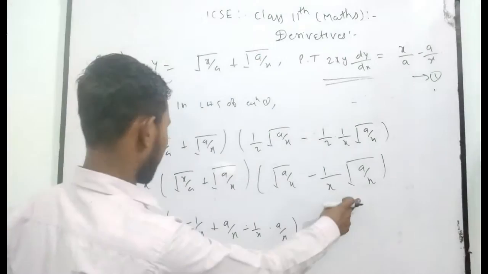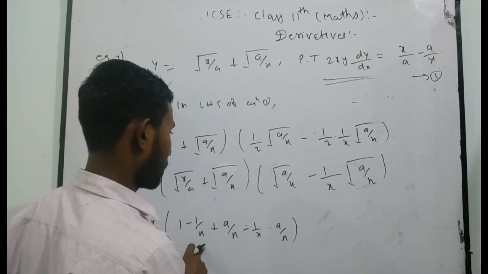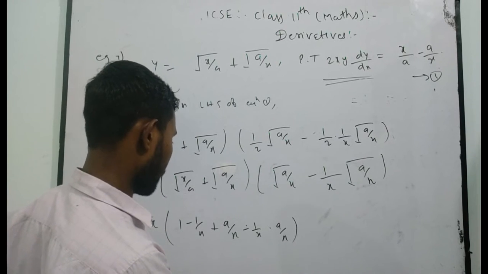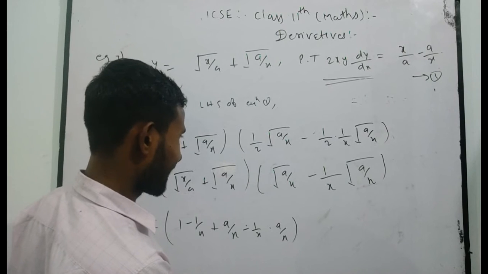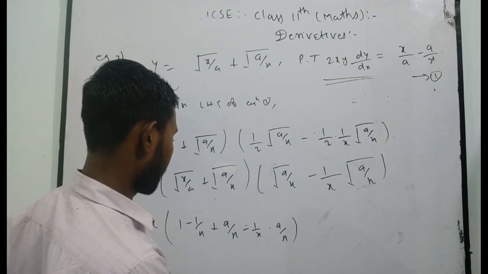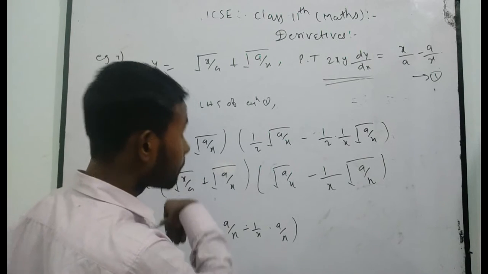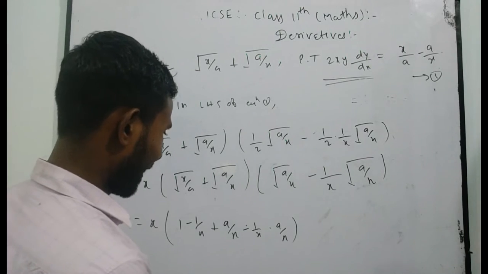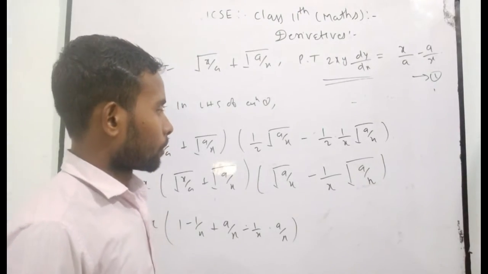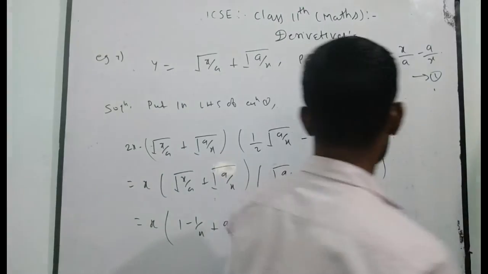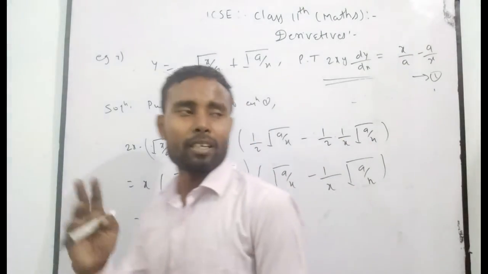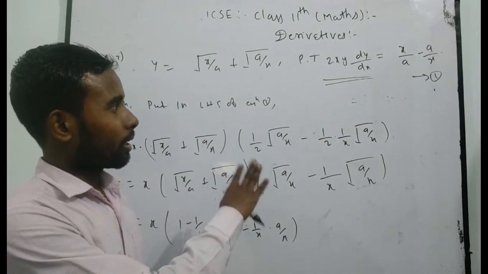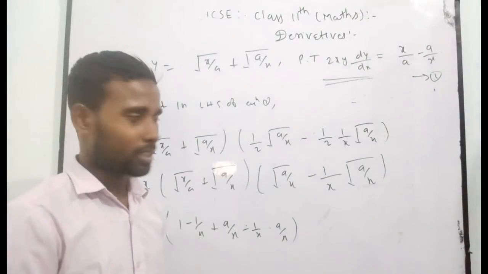If you multiply by this factor, it becomes 1 and 1 minus 1 upon a by x, and minus 1 upon x, a by x. X by a minus a by x, x by a. Sorry, I have made some mistakes anyway. That means I have done the actual process, but I have made some calculation mistakes during solving.